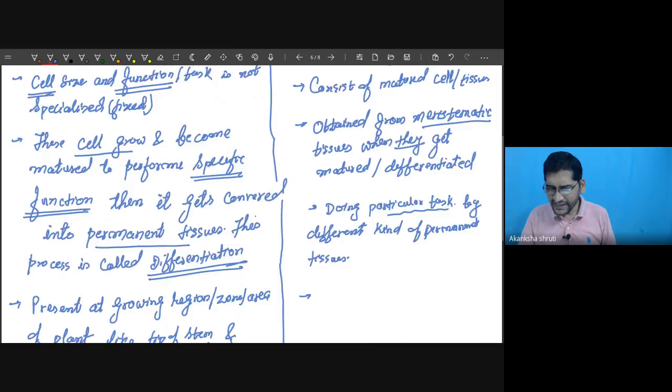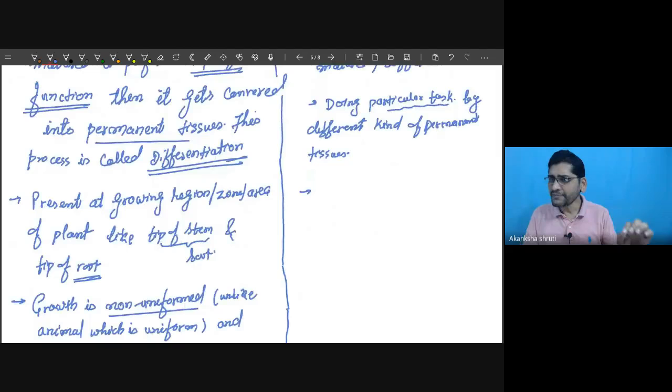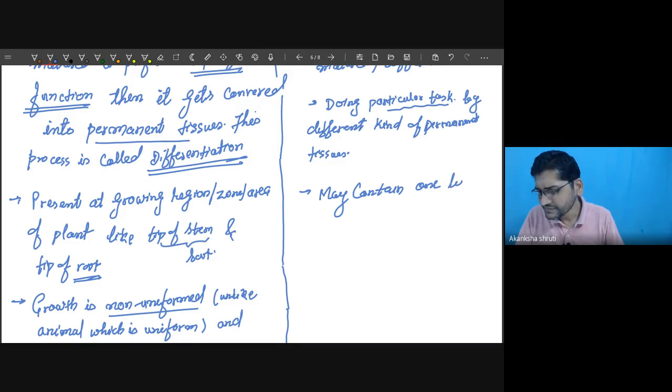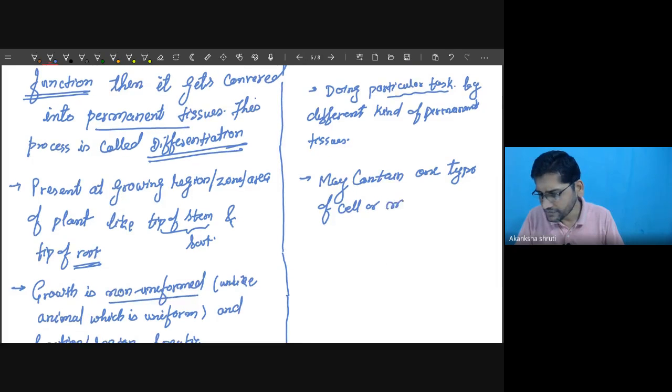These permanent tissues may consist of one type of cell or more than one type of cell.